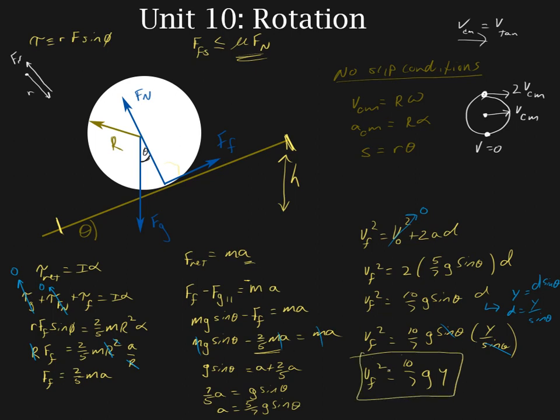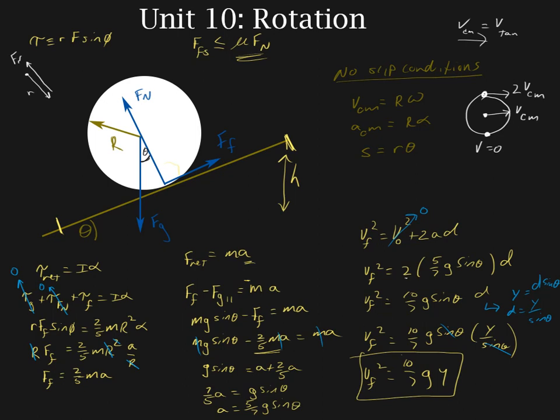So you can see that this was a lot more work to get to that. But the point is, if this makes more sense to you and you're more comfortable using Newton's second law, then by all means you can use Newton's second law to get to the final velocity. You just have to know that you're going to use forces and then kinematics in order to achieve that.